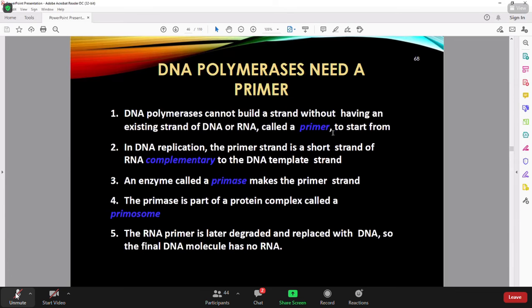It depends on the purpose of the PCR process. In a biological system we have primase to make the primer strand.